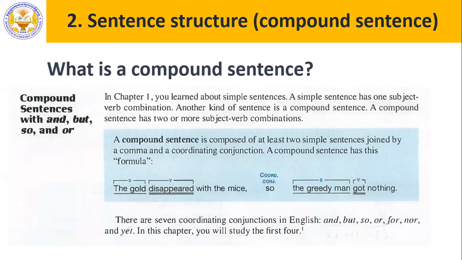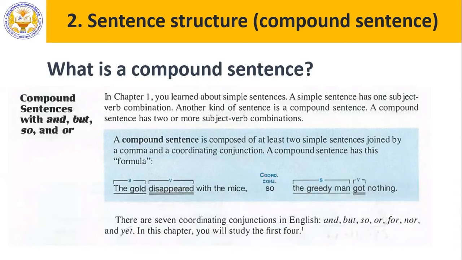Alright, so how many coordinating conjunctions are there in English? Actually we have 7. We have and, but, so, or, for, nor, and yet. And most of the time we do not call them coordinating conjunctions. We call them fanboys.